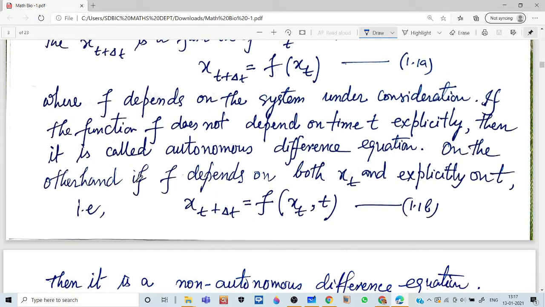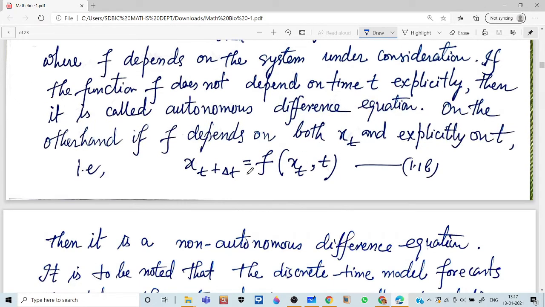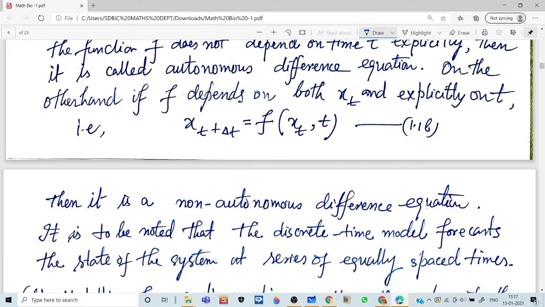On the other hand, if f depends on both x_t and explicitly on time t, then the expression is f(x_t, t), and it is a non-autonomous system difference equation.